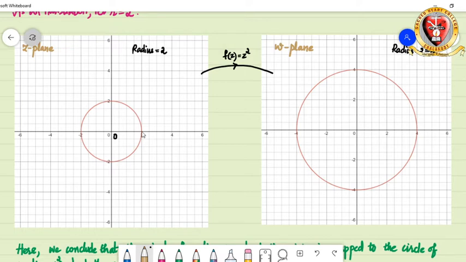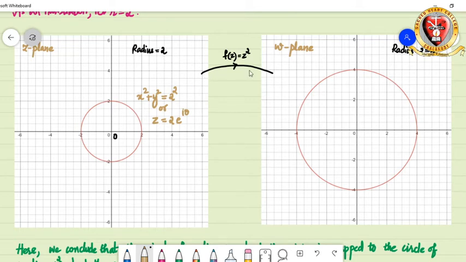So we know that the equation is x square plus y square is equal to 2 square, or we can write it as z is equal to 2 e raised to I theta. These are both the forms. And when we are applying it, instead of r, we are assuming that the radius is 2 here.